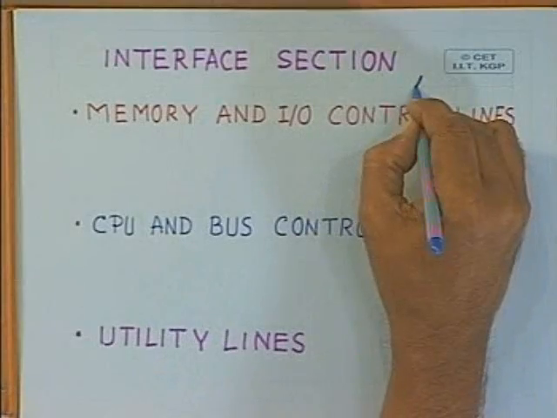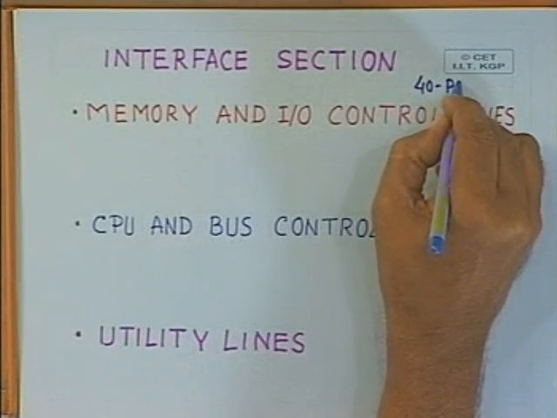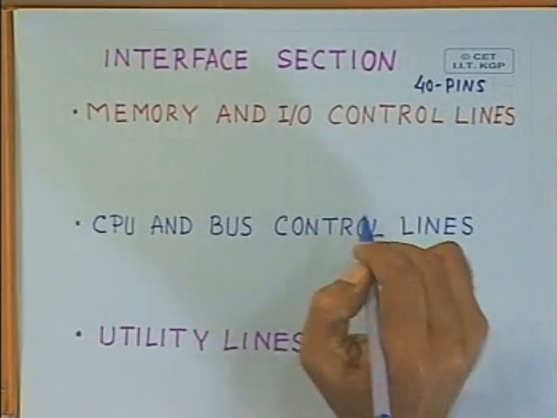When 8085 was introduced in the 70s, in those days 40 was the optimum number of pins which was supported by the technology. So you have to accommodate all the signal lines that you require for interfacing with the external world. By external world, I mean memory and input output devices. So they were supported with only 40 pins in 8085.